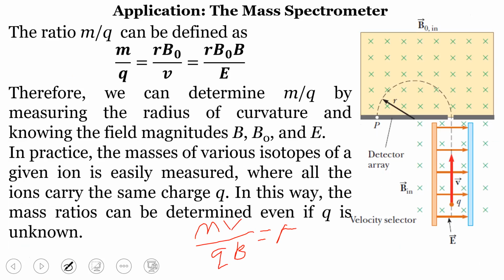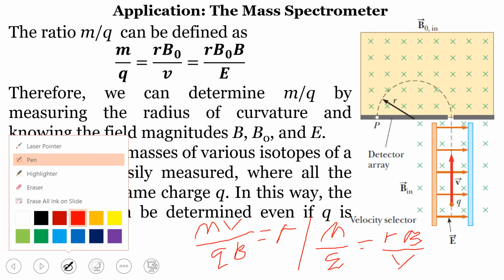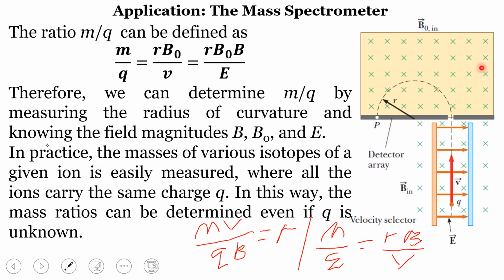So by saying what is m over q, we'll be having m over q equal to rb over v, right? And the b we are talking about here is the b naught, the b naught in this second region.